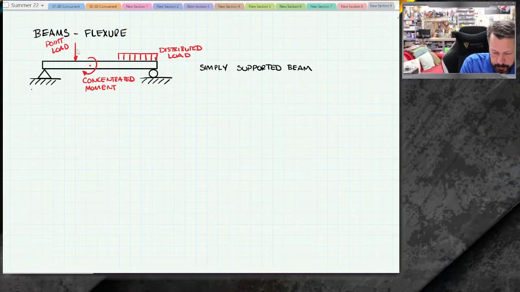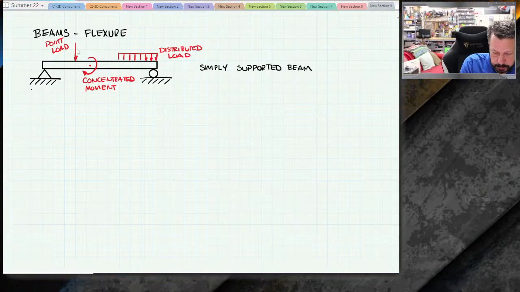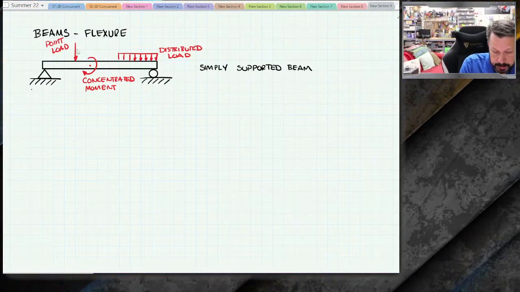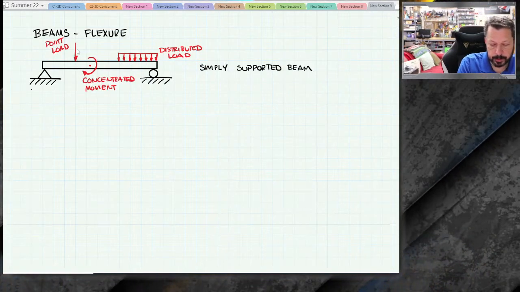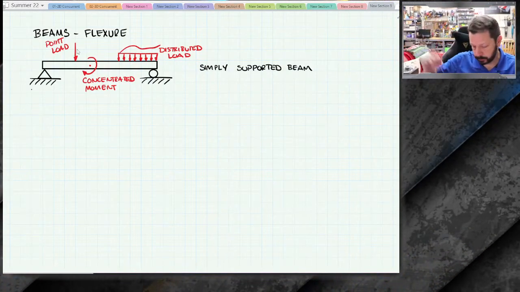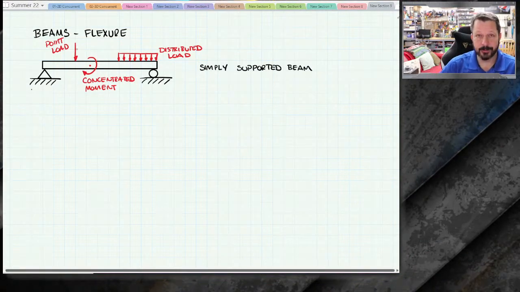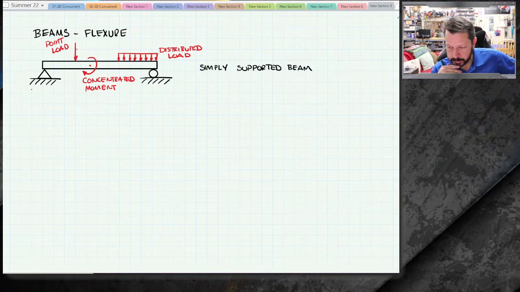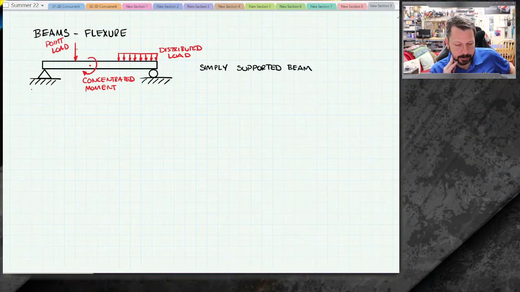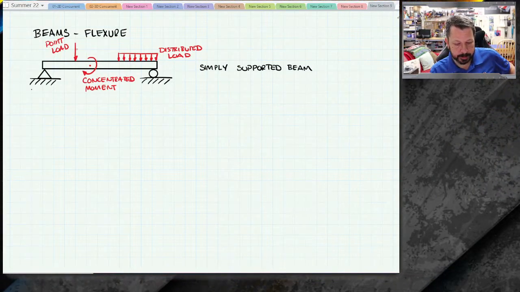Sometimes we'll draw all these little arrows, sometimes we won't. Sometimes these will be evenly distributed, like this one, and other times they'll have some random shape up here of their distribution. I guess it's not random, but something that's not even. All right, so that's kind of the setup that we will be dealing with.